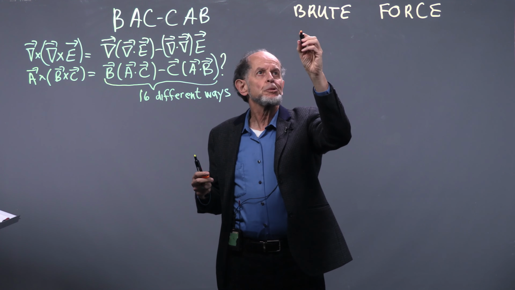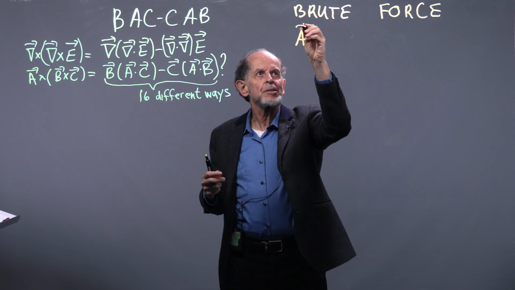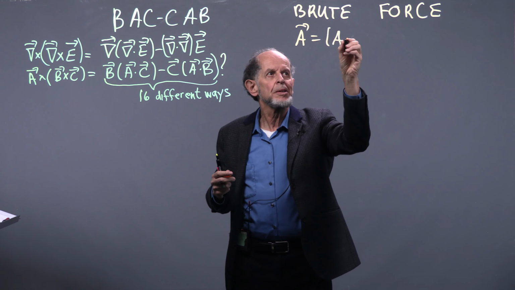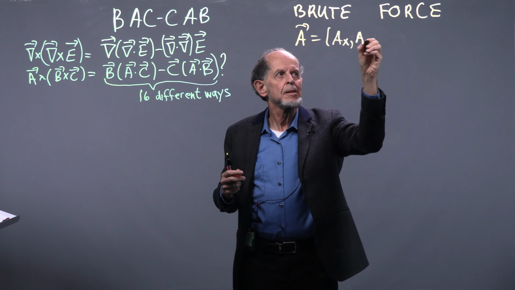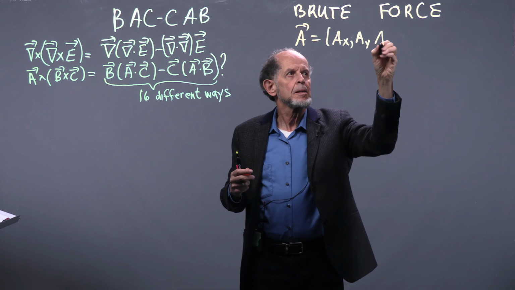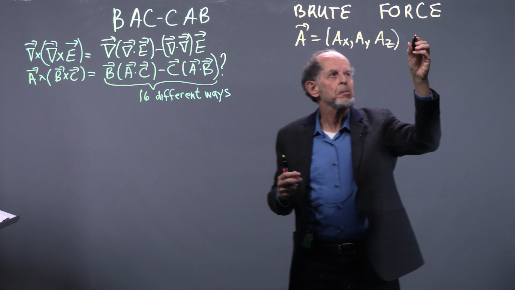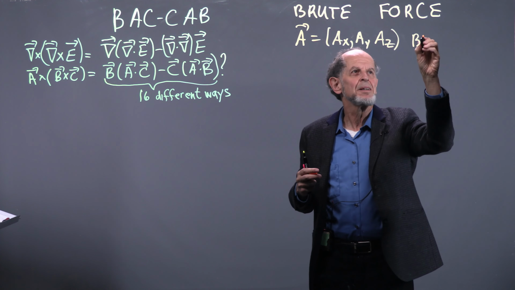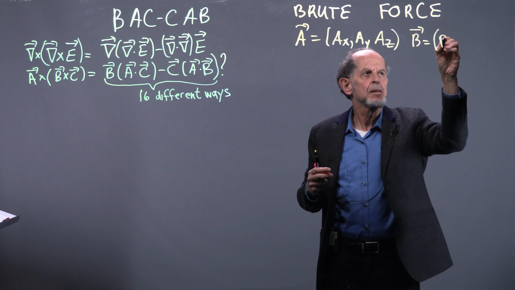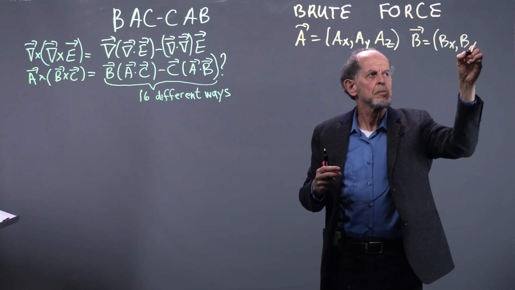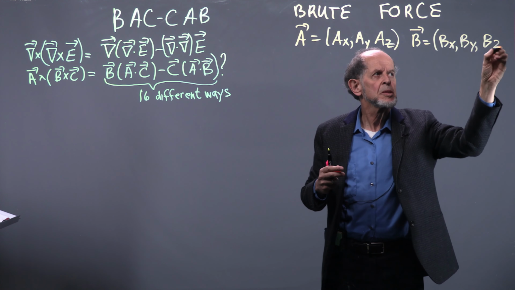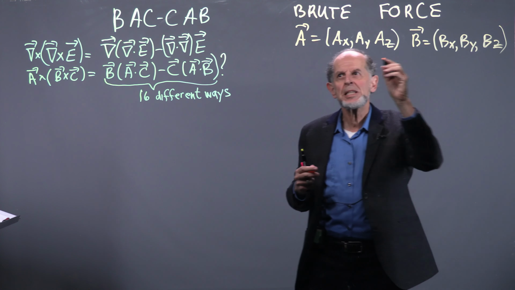So if you try to grind it out, A is going to have 3 components. Similarly, B. And similarly, C.